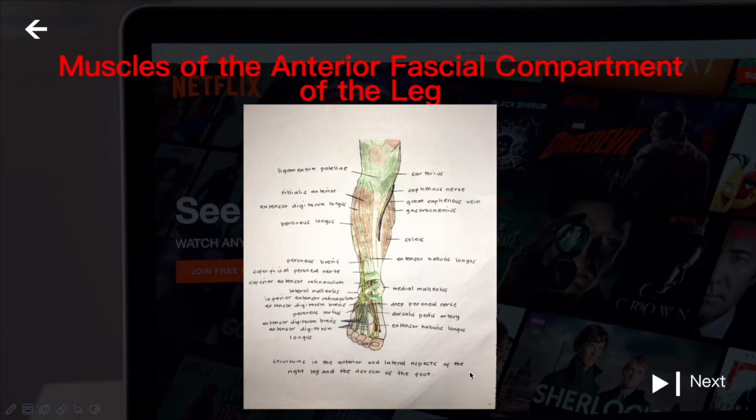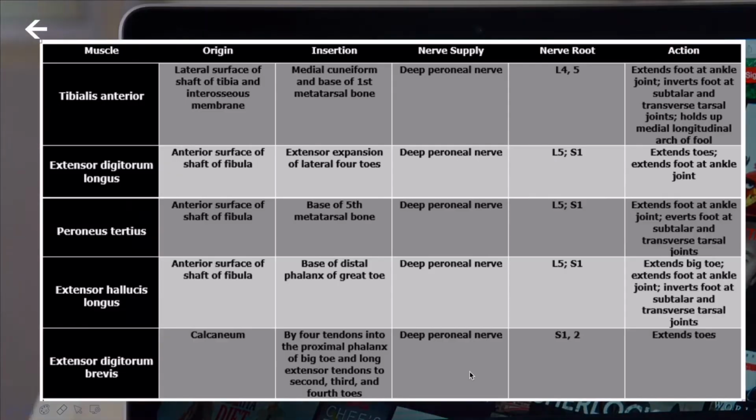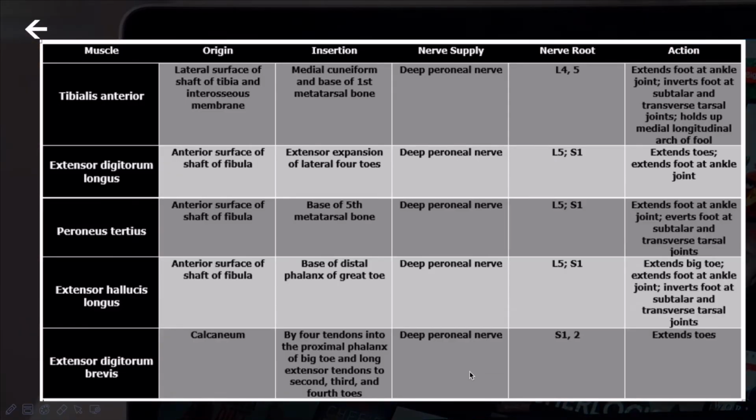There are 5 main muscles in the anterior compartment of the leg, which are the tibialis anterior, which is located alongside the lateral surface of the tibia, extensor digitorum longus, which lies lateral and deep to the tibialis anterior, peroneus tertius, which is on the front of the lower leg, extensor hallucis longus, located deep to the extensor digitorum longus and tibialis anterior, and the extensor digitorum brevis, which arises from the upper and lateral surface of the calcaneus, the floor of tarsal sinus, the talocalcaneal ligament, and the stem of the inferior extensor retinaculum.